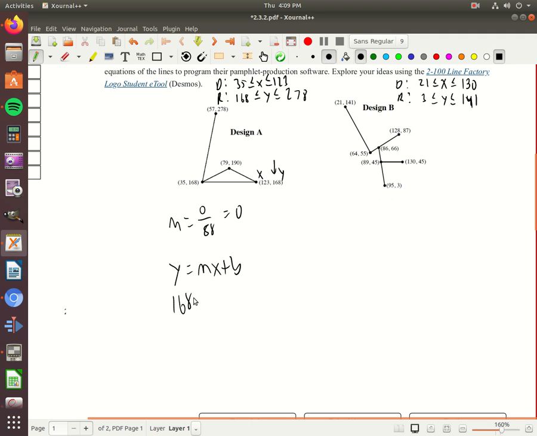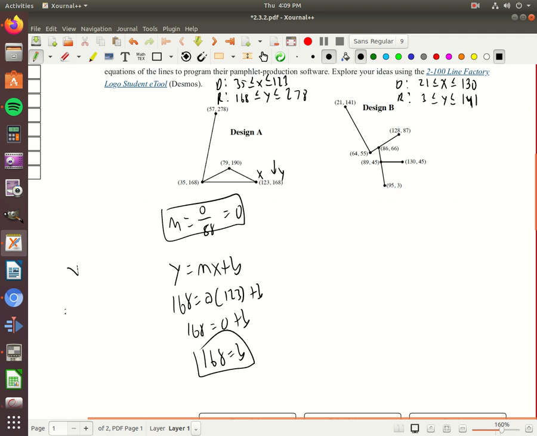Y equals 168. M equals 0. X equals 123 plus b. I get 168 equals 0 plus b. So 168 equals b. So if you were to write the equation of this line, it would be y equals 0x plus 168.